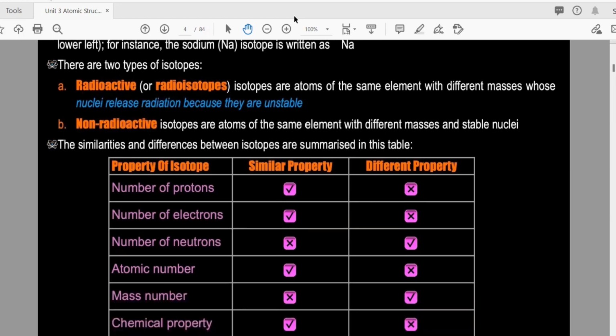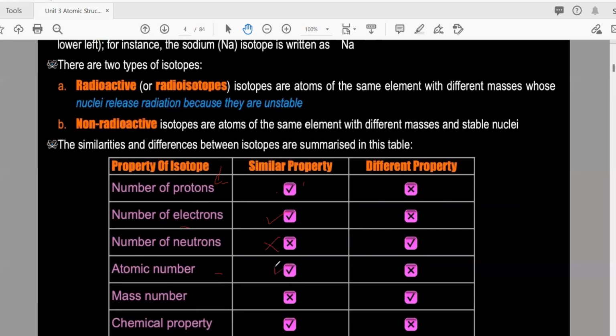Now they are comparing the isotopes. The properties of isotopes: the number of protons is the same, the number of electrons is also the same. The number of neutrons is not the same.